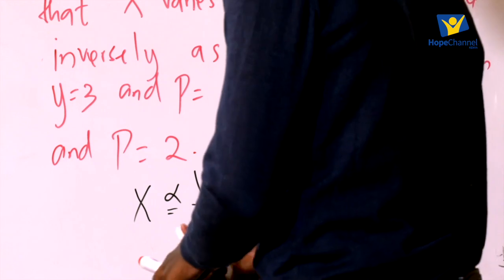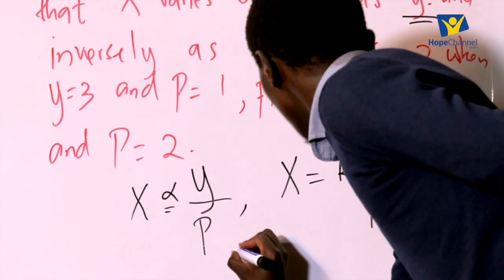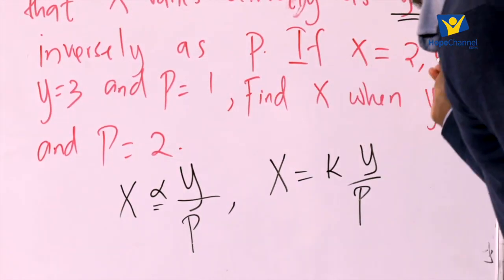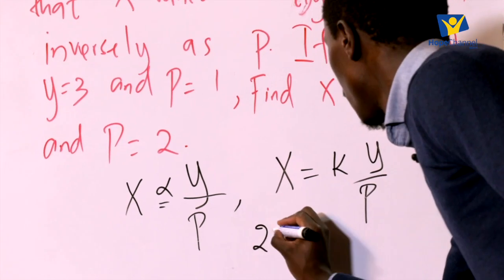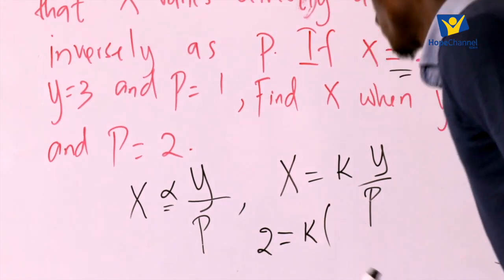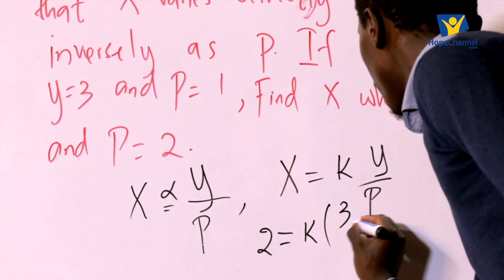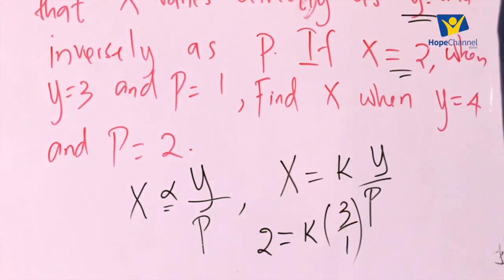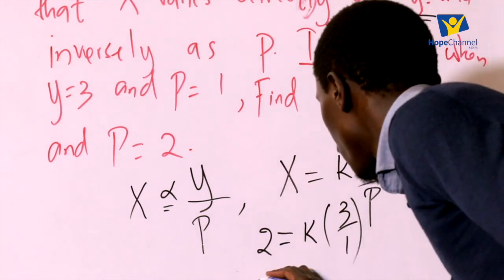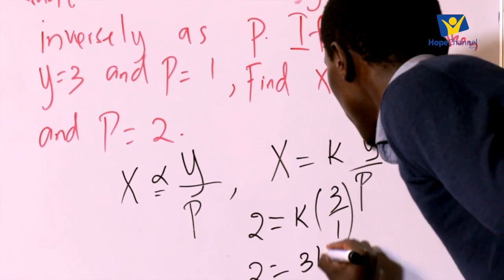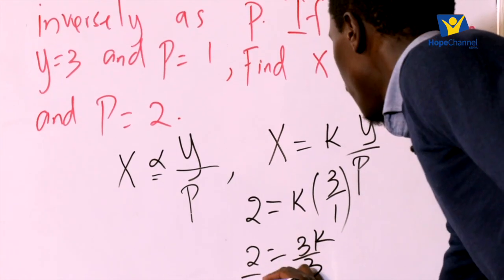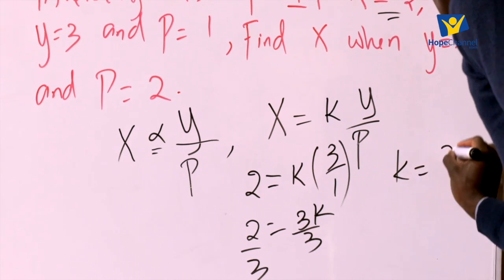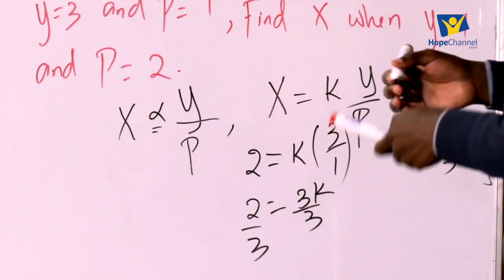So let's do it. So we'll have x, which is 2. 2 is equal to k into y is 3 over 1, because p is 1. So you're supposed to say 2 is equal to 3k. So divide by 3 both sides, that gives us k to be equal to 2 over 3.